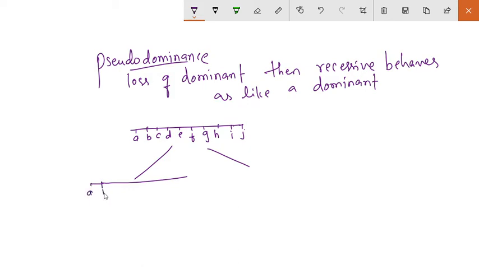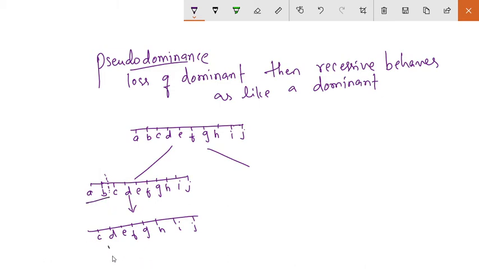Here A, B, C, D, E, F, G, H, I, and J. So there is the breakage at this place, and it results into the chromosome C, D, E, F, G, H, I, and J. So this A and B part gets lost here.